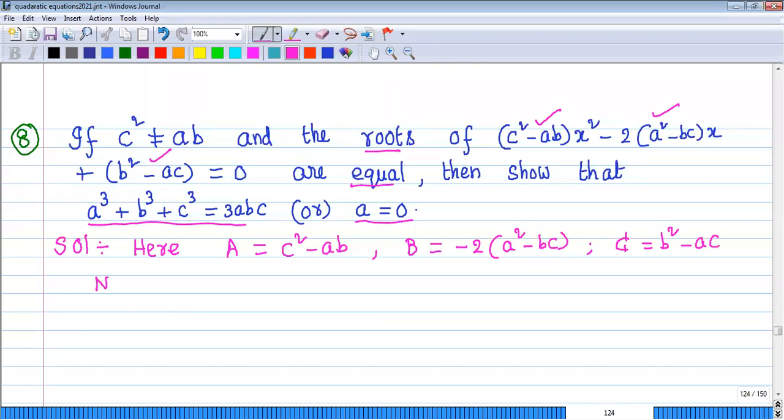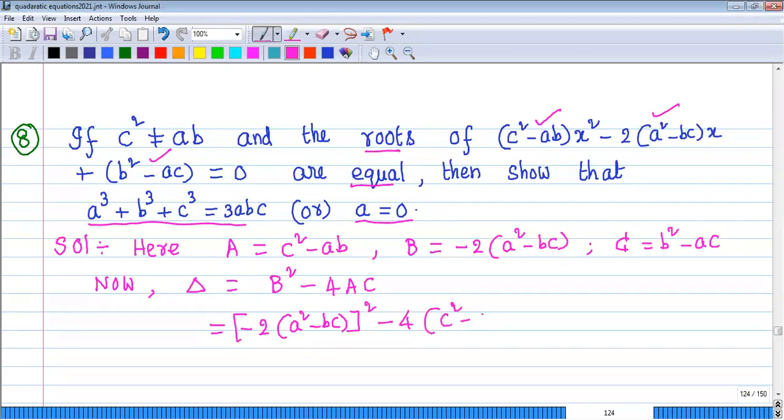Now find the discriminant delta, or capital D, B square minus 4AC. So B square means minus 2 times (a square minus bc) whole square, minus 4 times capital A, (c square minus ab), multiplied with capital C, which is actually b square minus ac.